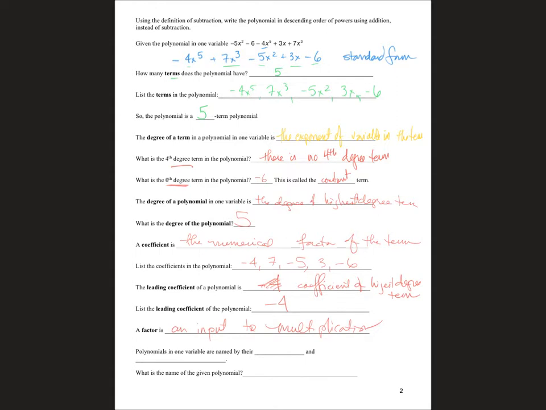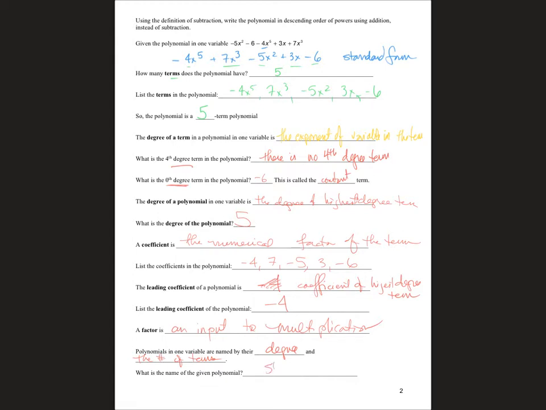So polynomials in one variable are named by their degree and the number of terms. So when you're naming or classifying the polynomial, you have to state its degree and how many terms it has. So what is the name of this polynomial?